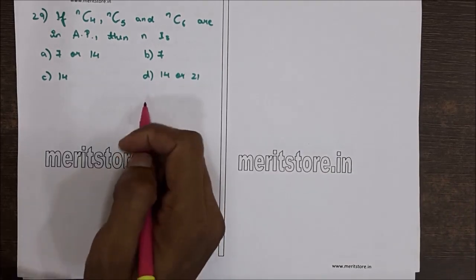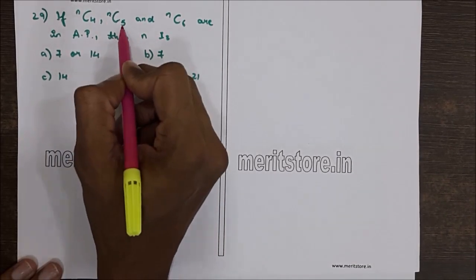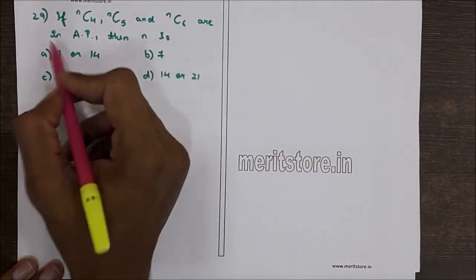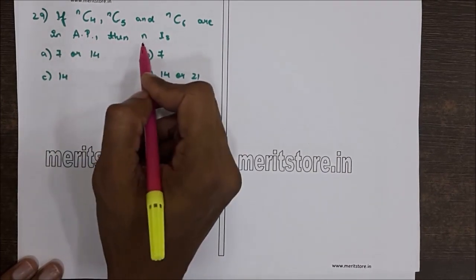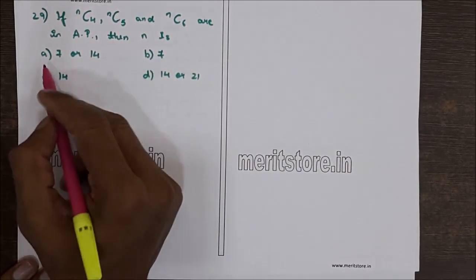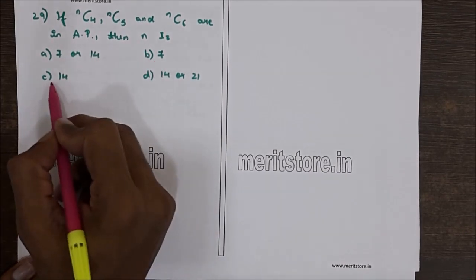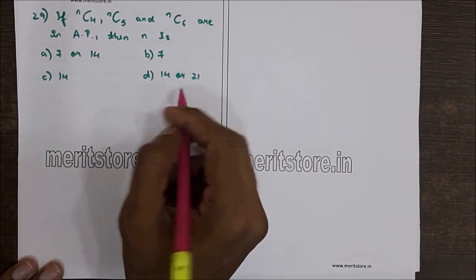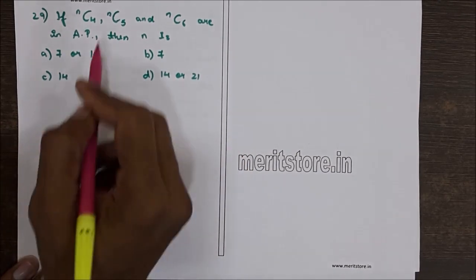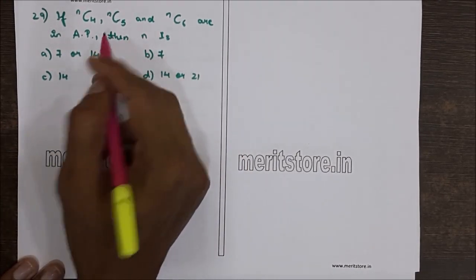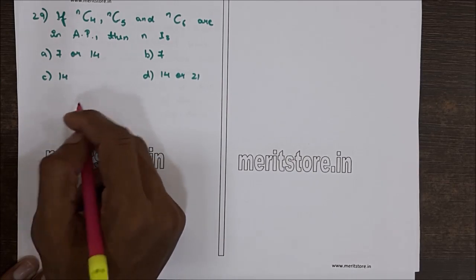Question 29. If nC4, nC5 and nC6 are in AP, then n is, we have 4 options: A 7 or 14, B 7, C 14, D 14 or 21. We know that this is given in AP, that is arithmetic progression.